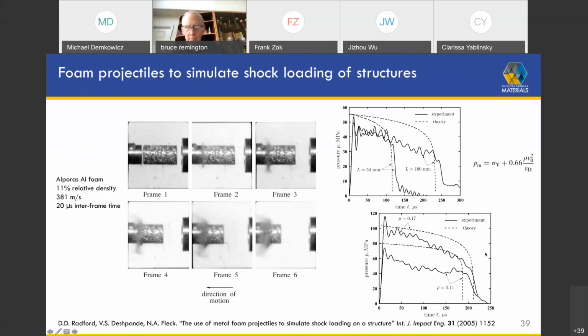So this we have found to be a very useful way of looking at a pseudo-impulsive type load in understanding structural response. You can readily change the response by changing the relative density of the foam, the impact velocity, and the length of the projectile, of the foam. Okay?